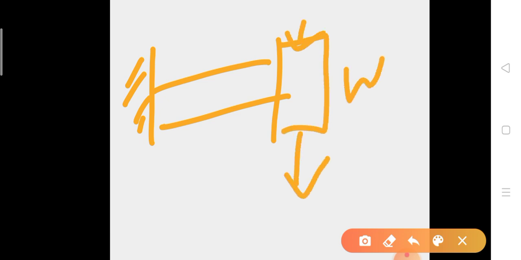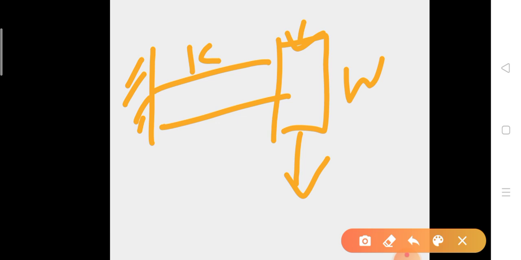Now if this image is rotated by 90 degrees, then you will get another image: this is the fixed support, this is the shaft, and this is M, or you can say a point load W or M, and this is your spring or shaft having stiffness K. So what you are getting here is a cantilever beam, and we have already studied the concept of cantilever beams in the strength of materials subject.